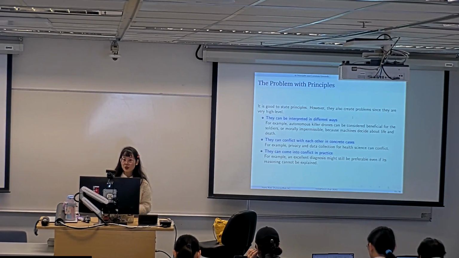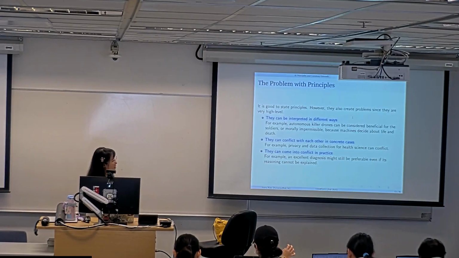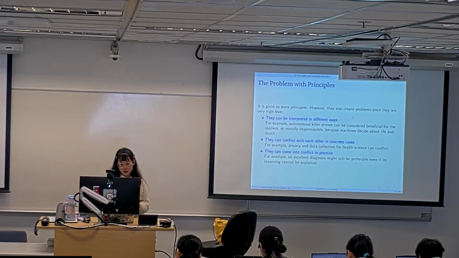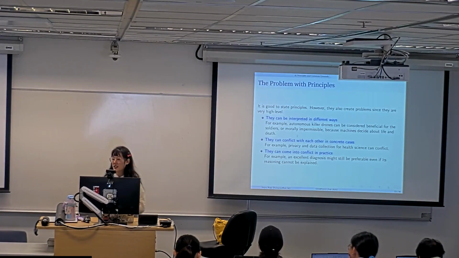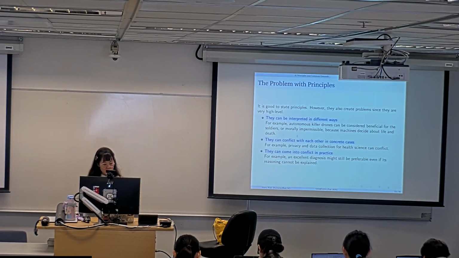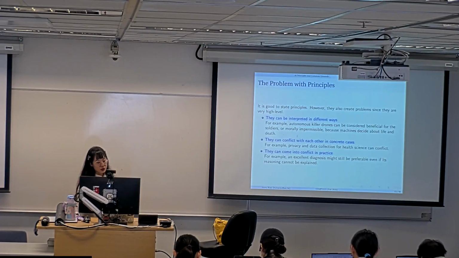They can reduce some deaths of soldiers if we just use the killing machines for this military usage. But the majority still think that autonomous killer drones are morally impermissible. They are not ethical, because machines deciding about life and death is not ethical, right? The machine can kill people. So if you start from different standpoints, you will reach very different interpretations.